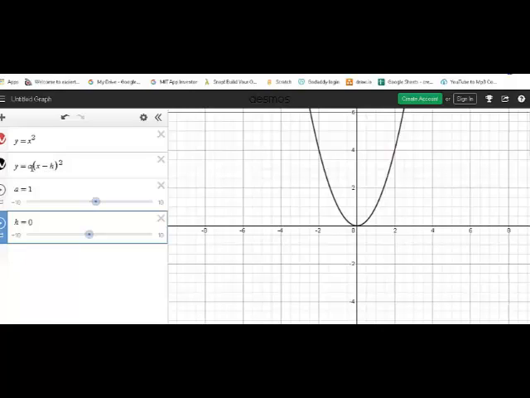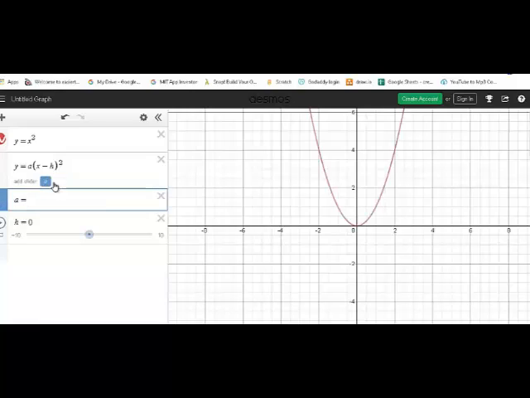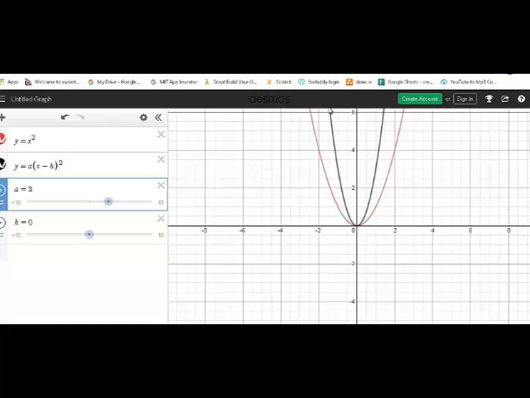Now, if I change a to a positive number, let's say 3, you can see that the graph of the base function y equal x squared is stretched vertically or compressed horizontally. If I increment a more, you can see that the stretch is bigger and the compression is also more.